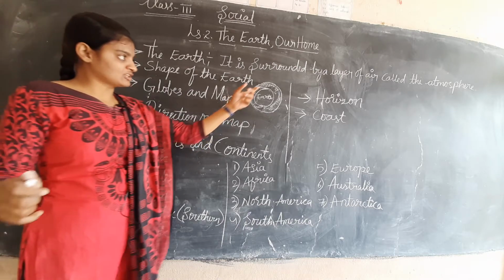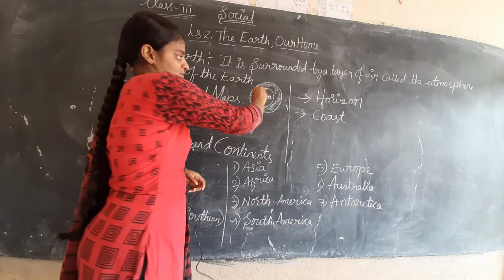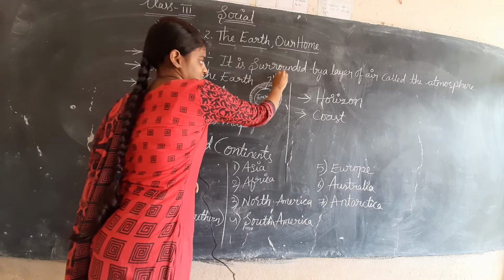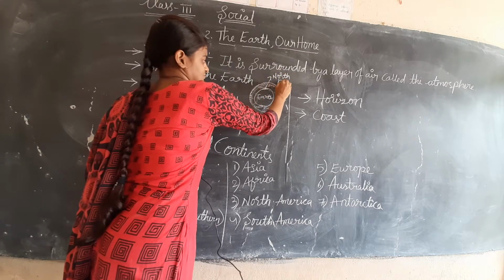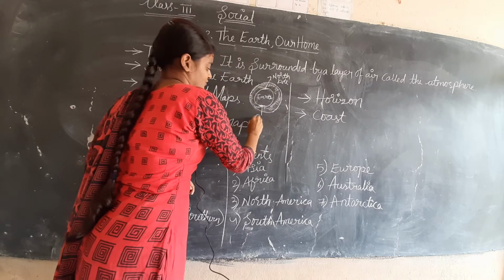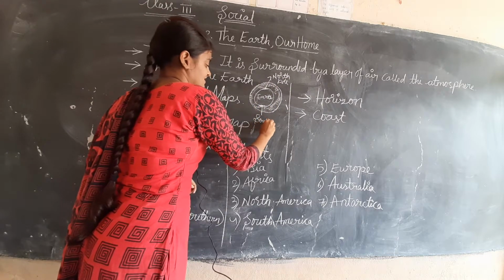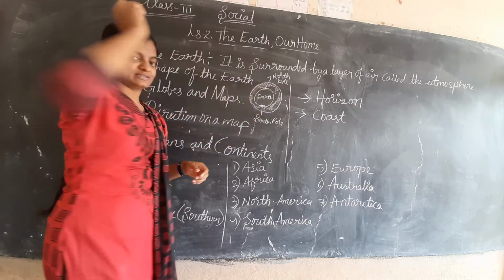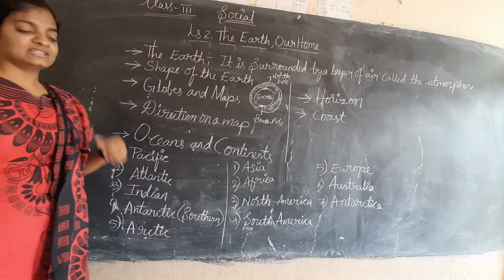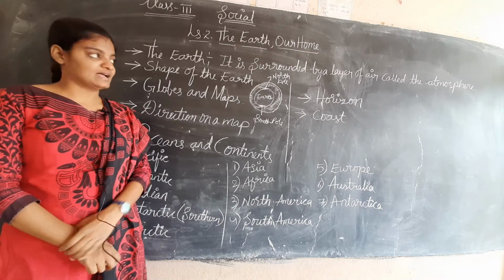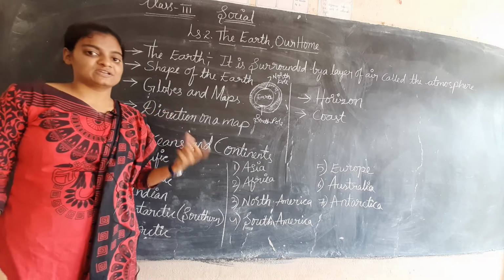The north part is called the North Pole, and the south part is called the South Pole. Those are the edges of the earth. In that way we proved that earth is spherical in shape.